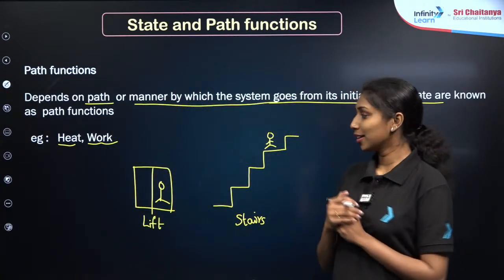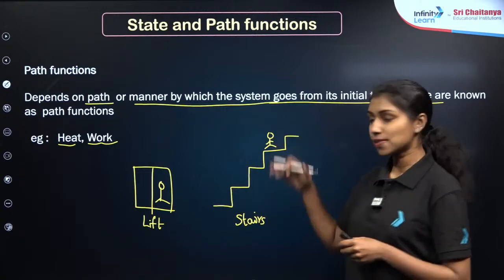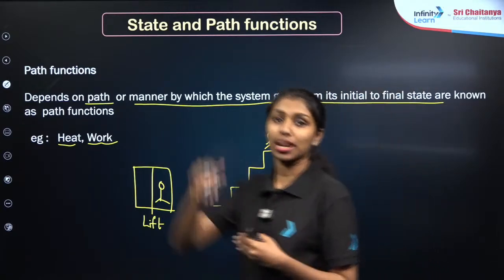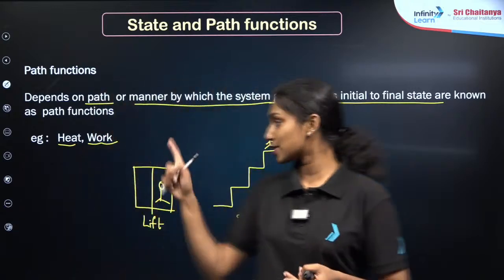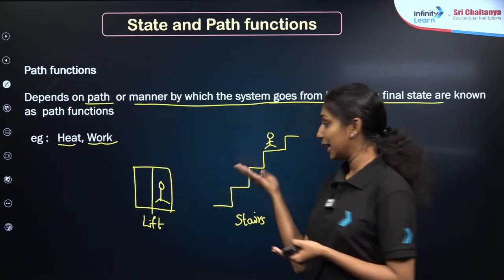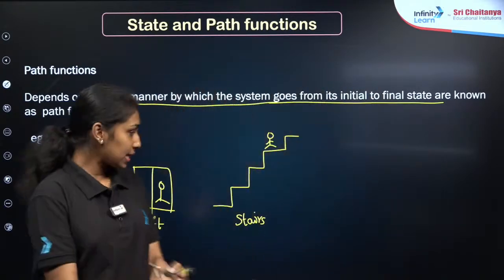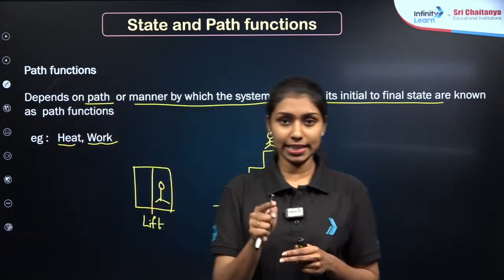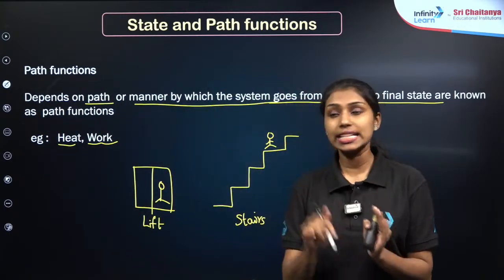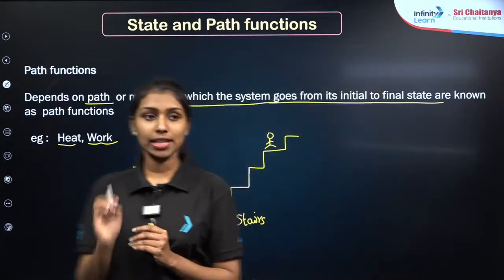Maybe different, right? Because this person is using the stairs, he is giving more energy to climb the stairs. But with the lift, he is just pressing the number, and he will reach the third or fourth floor, wherever he wants to go. So the work done depends on the path, how they reached there. So we can explain that work is a path function. Is the point clear?